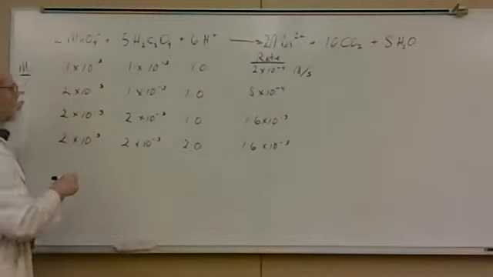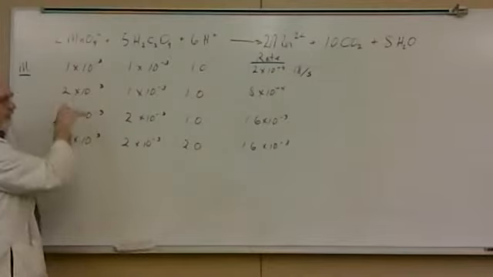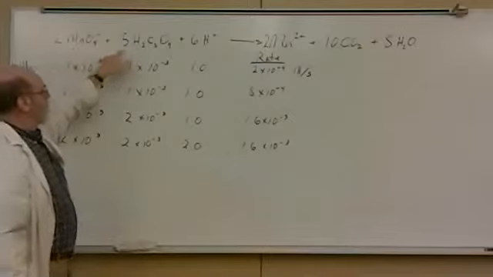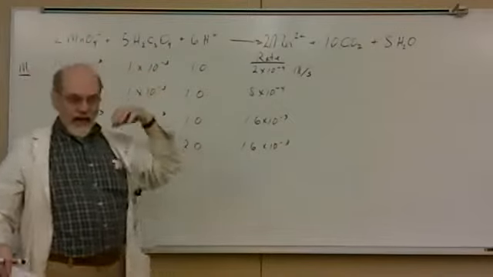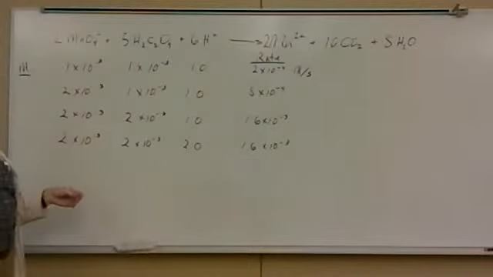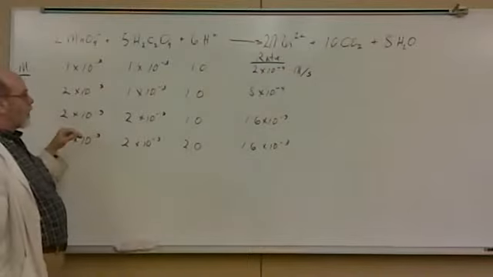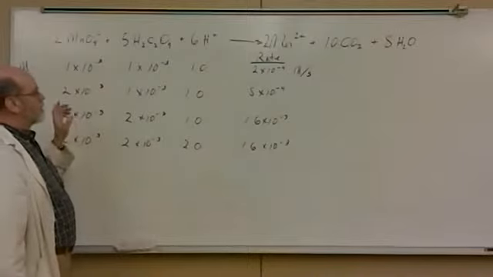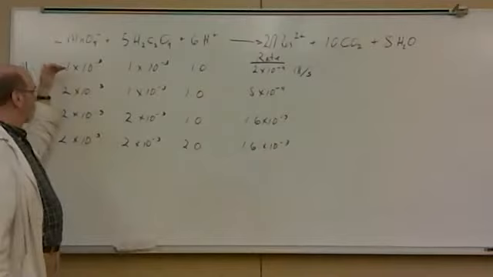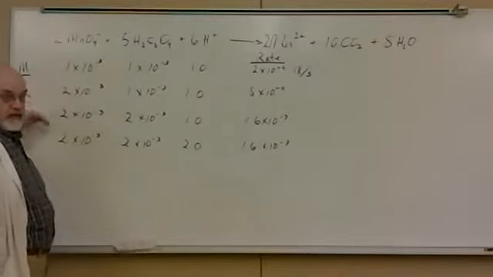What you want to do is compare 2 different experiments such that, see, we have that reactant, that reactant, that reactant. How do you know which one's changing when? So since it's initial rates, we start off with 2 of the reactants held constant from one experiment to the next.